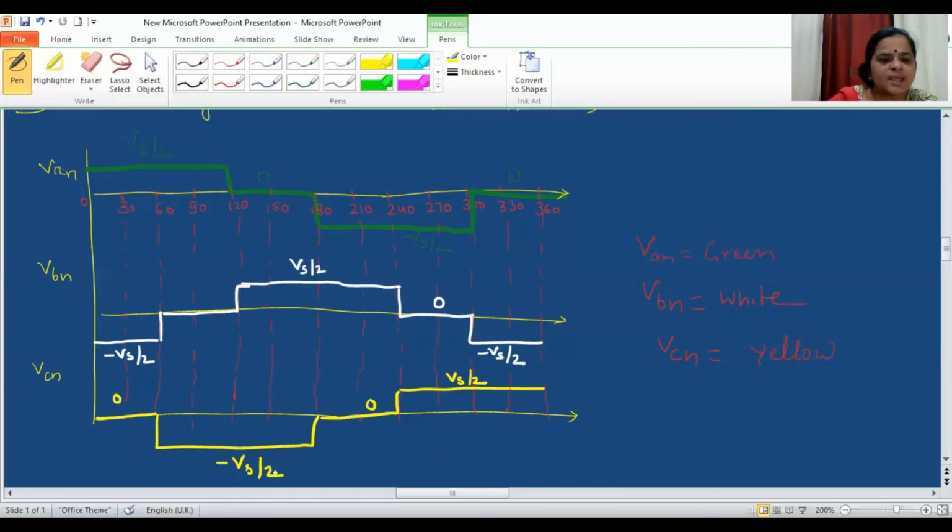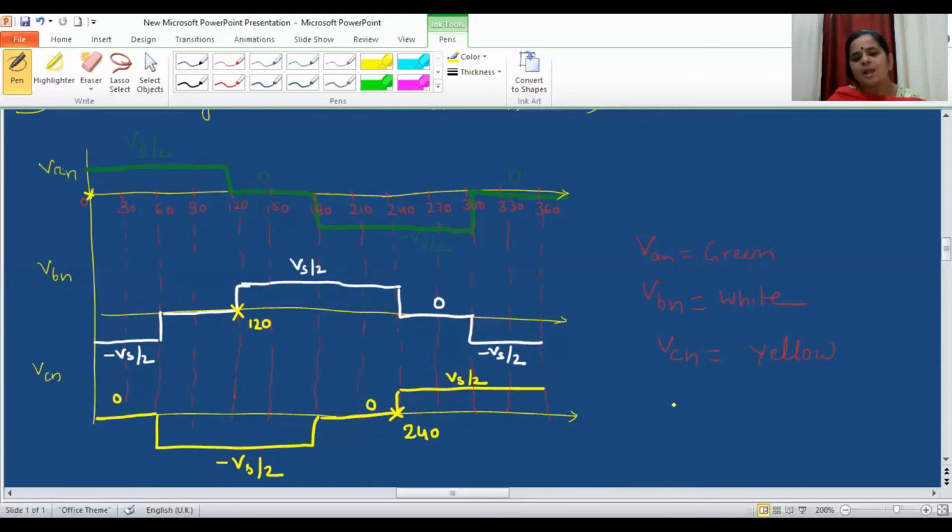Now you can see here that VAN is having Vs by 2 at 0. But if you see the waveform of VBN, the waveform repeats after 120 degrees. If you see VCN, the same value of Vs by 2 is coming at 240.